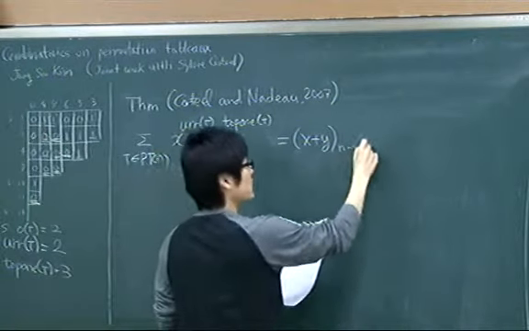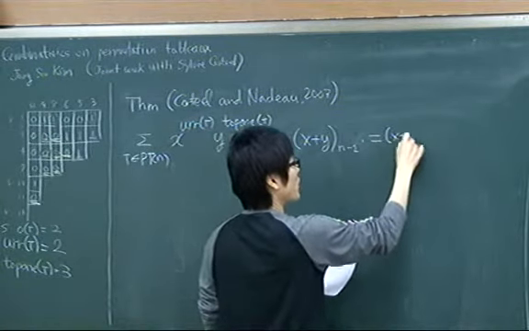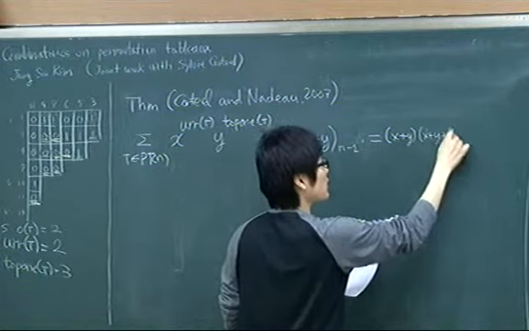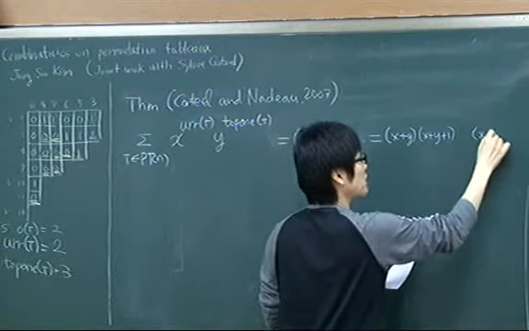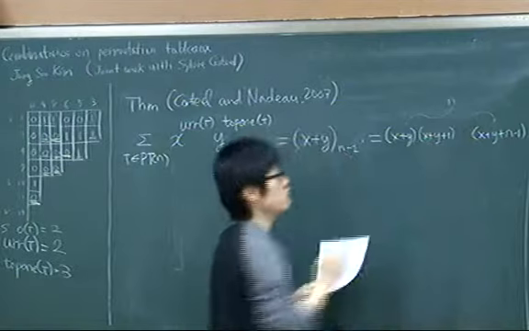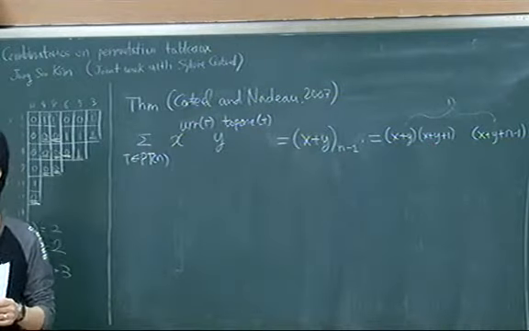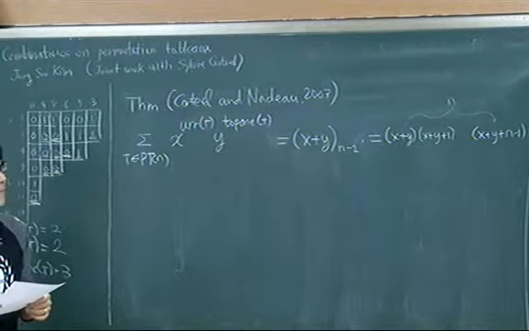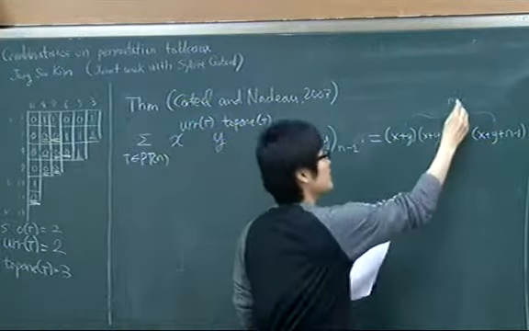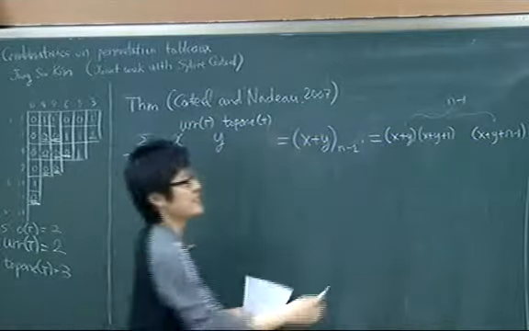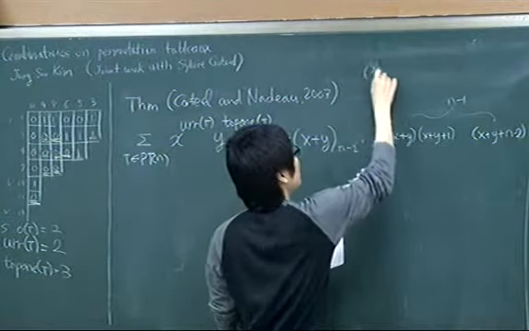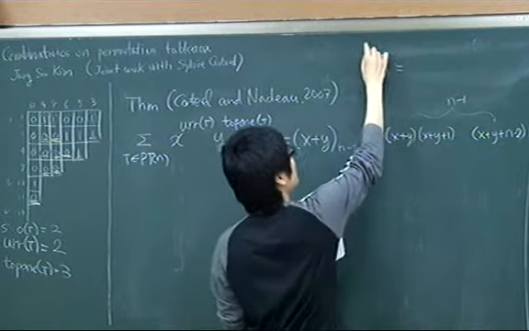So it means x plus y, x plus y plus 1, up to x plus y plus n minus 1. So in total we have n terms. Oh yeah, n minus 1, and n minus 2. That's right. So this is called the rising factorial.